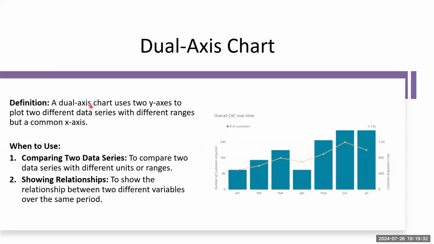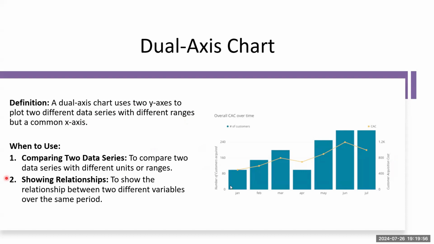Okay, so we are looking at a chart that is using two y-axes to plot two different data series with different ranges, but a common x-axis. So when we are looking at a scenario like this, we can use a dual axis chart to achieve it.